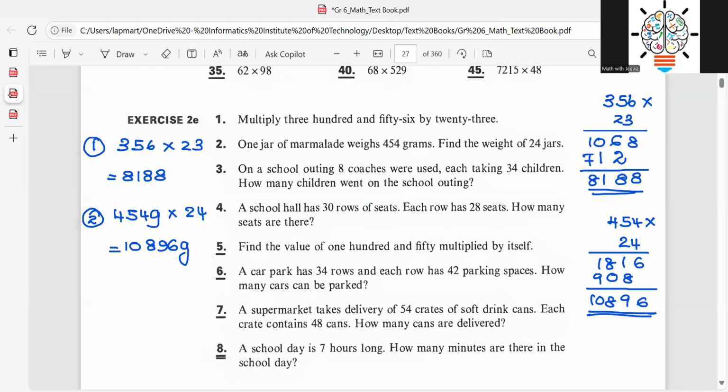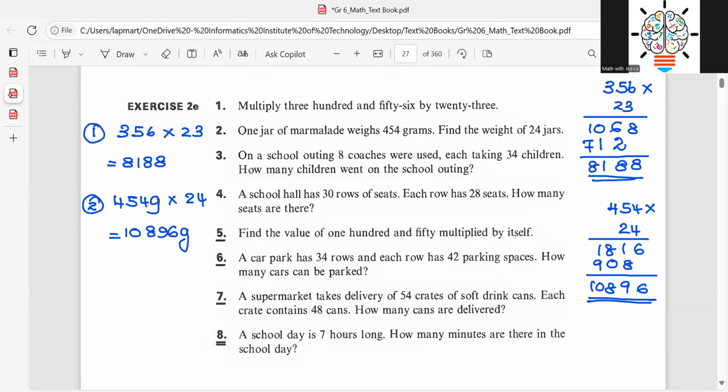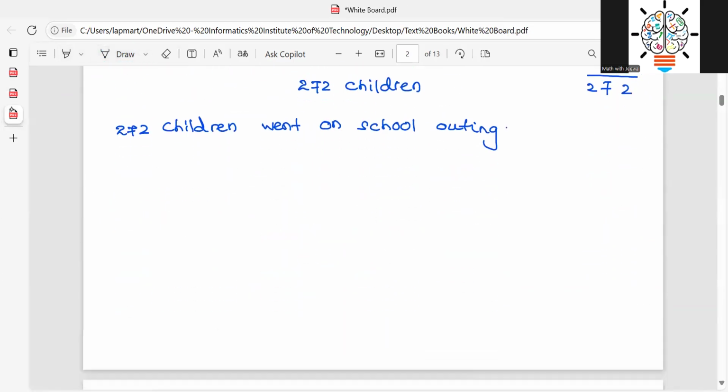So then the fourth one: the school hall has 30 rows of seats. 30 rows we have in the hall. In each row, there are 28 seats. In one row, we have 28 seats. If you have 30 rows, how many seats? So then we are going to do the calculation here.